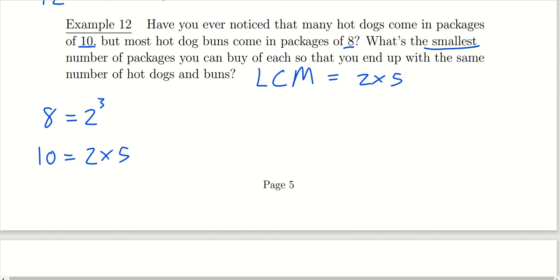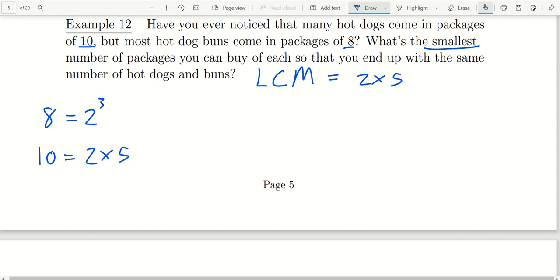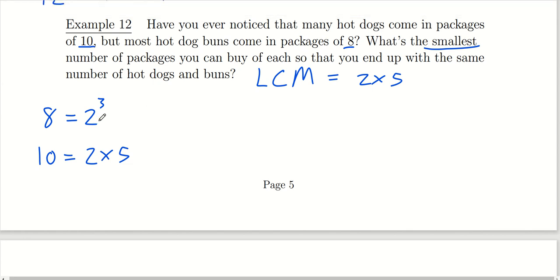We now choose which one had the most amount of 2s. Well, the answer is it's going to be the 8. It had 3 2s, so it's going to have 3 2s. Which one had the most 5s?